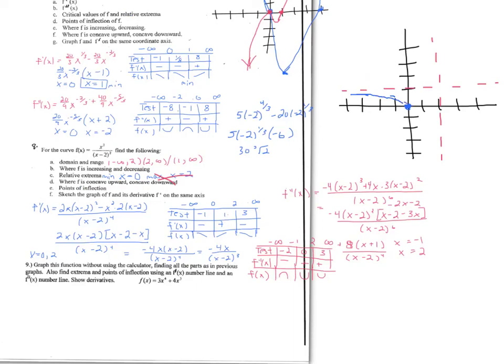And then when we hit 0, we begin to increase. So now we need to be increasing and concave up until we get to 2. Looks like we will kind of cross our horizontal asymptote at this point and go up from there.